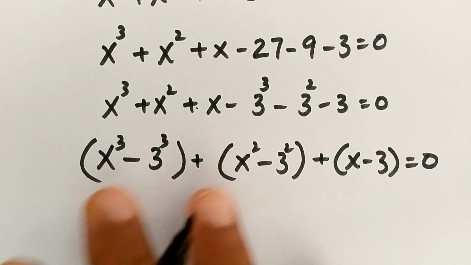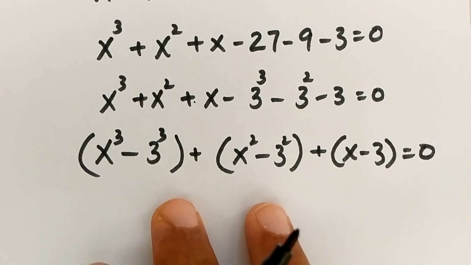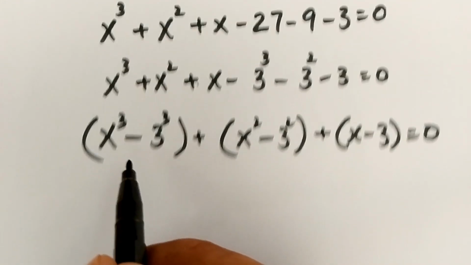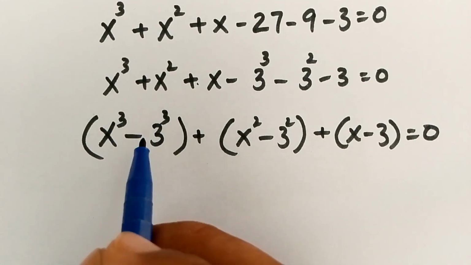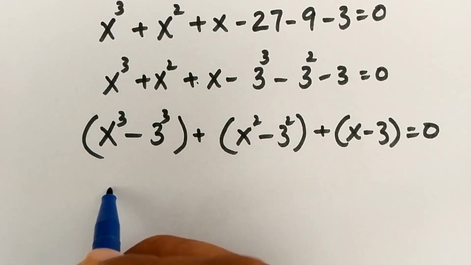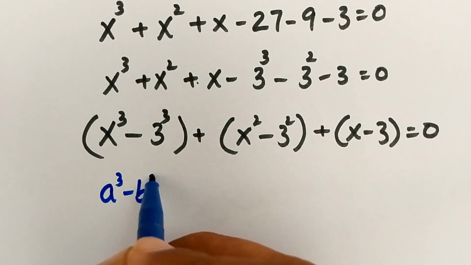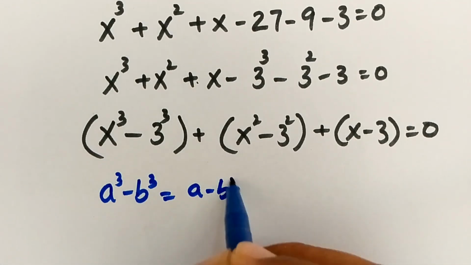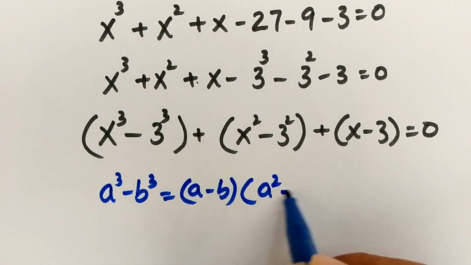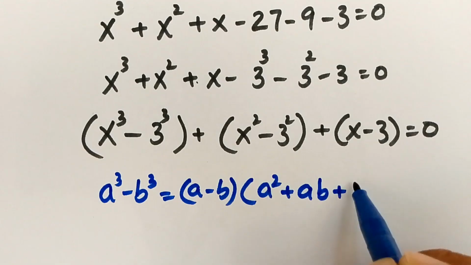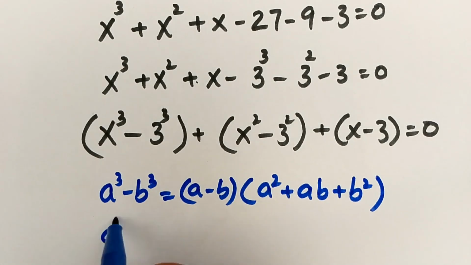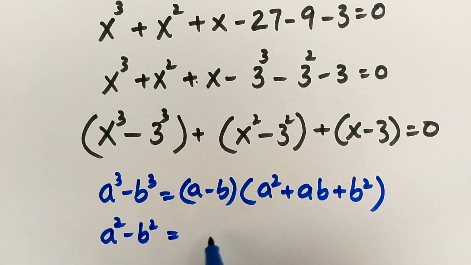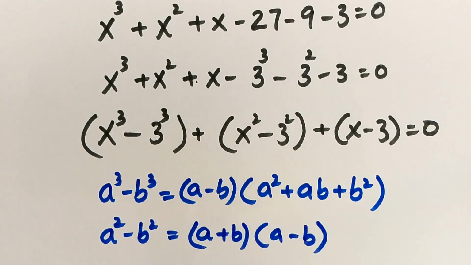Now for x to the power of 3 minus 3 to the power of 3, we have to use this identity: a to the power of 3 minus b to the power of 3 is equal to a minus b times a square plus ab plus b square. And for this we have to use this identity: a square minus b square is equal to a plus b times a minus b.